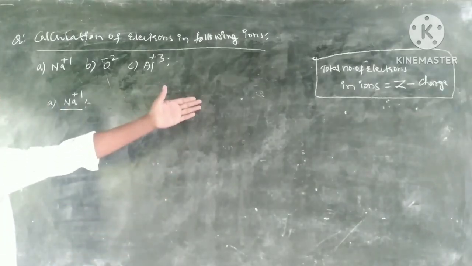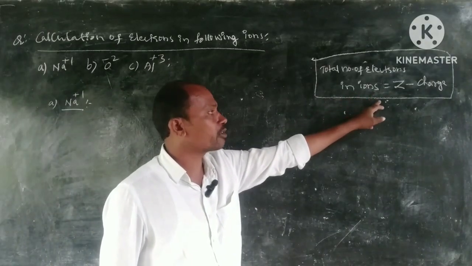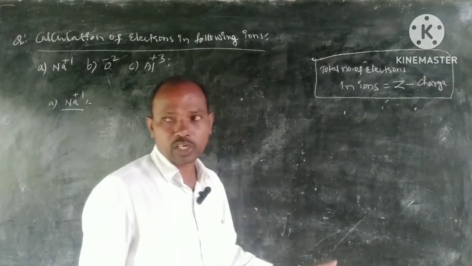Our principle, as you already know: total number of electrons in ions is equal to atomic number minus charge.